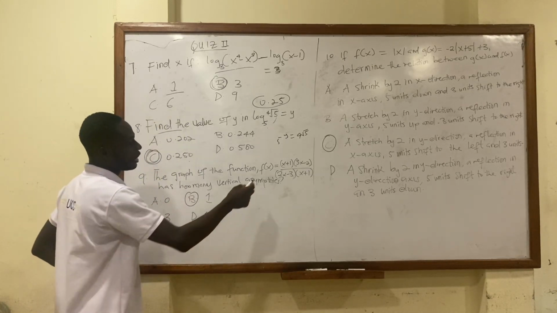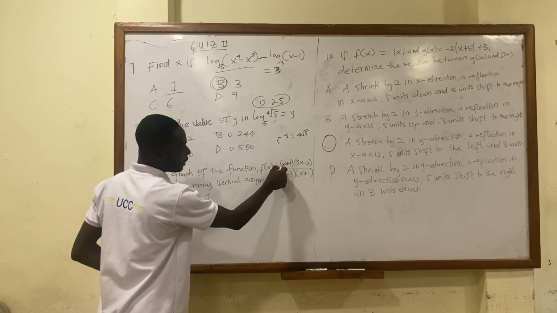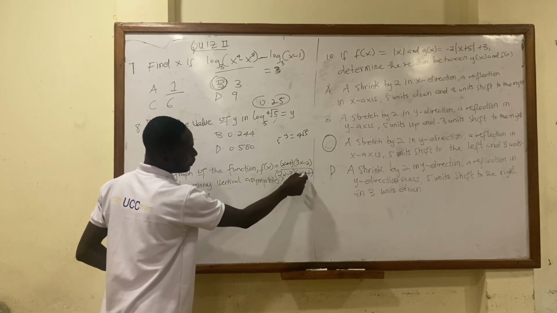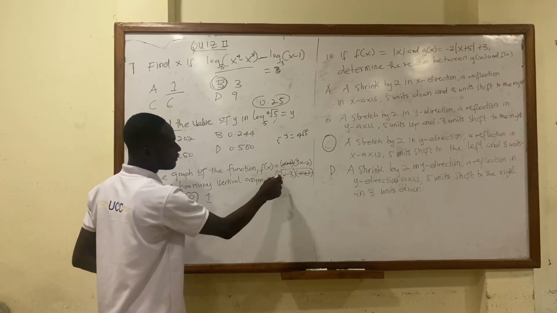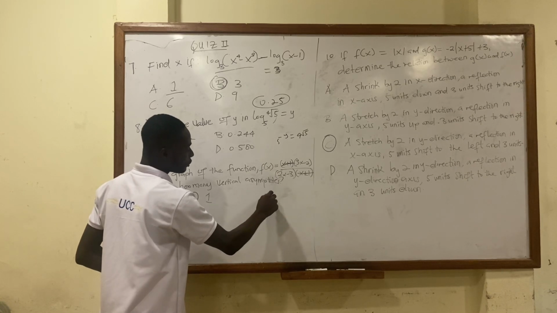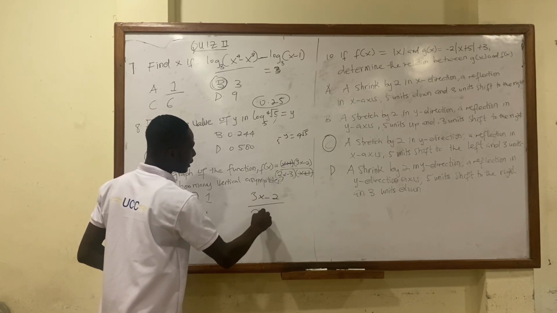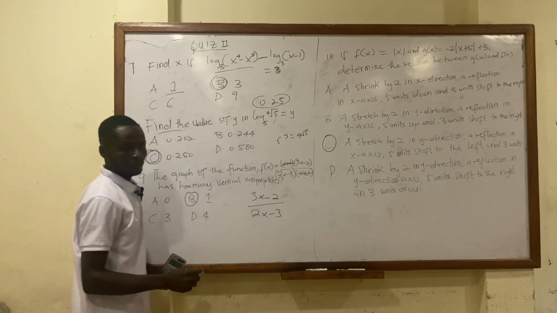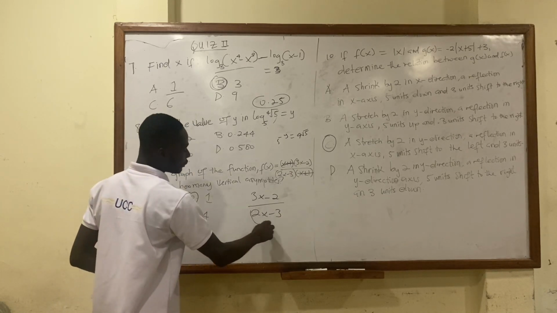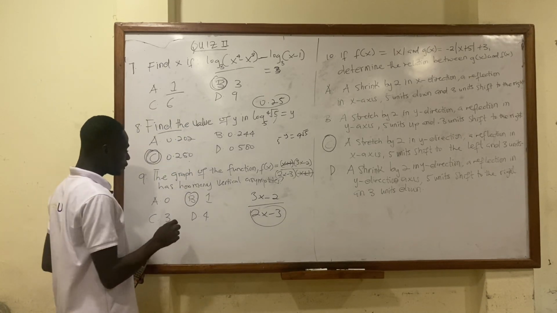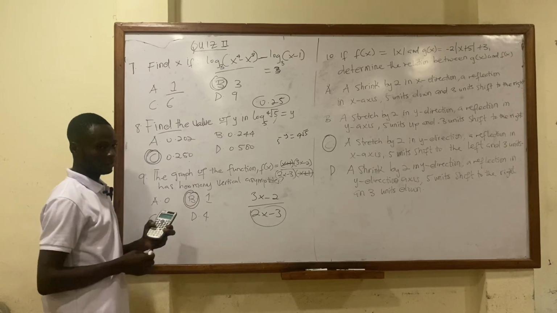So you have x plus 1 here and you have x plus 1 here, so this will go, and then you'll be having only one vertical asymptote. So the new equation now becomes 3x minus 2 over 2x minus 3. All right, so our vertical asymptote here is only 1. So we say option B is right.